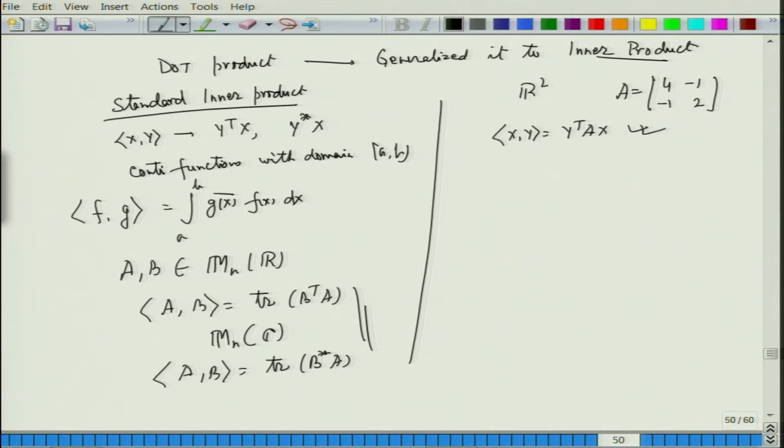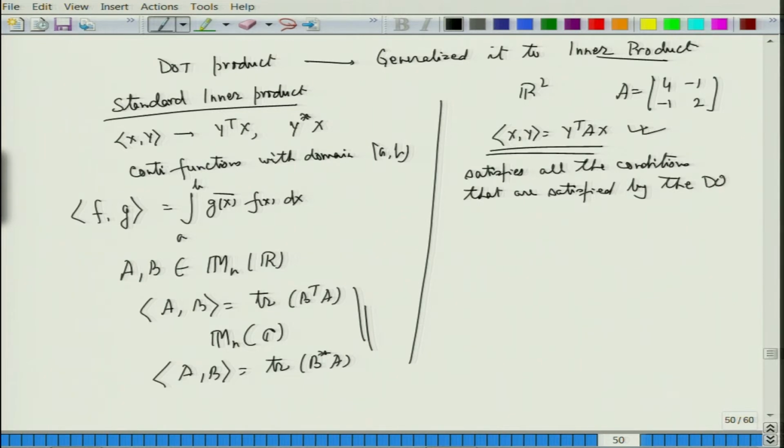But this definition satisfies all the conditions that are satisfied by the dot product.